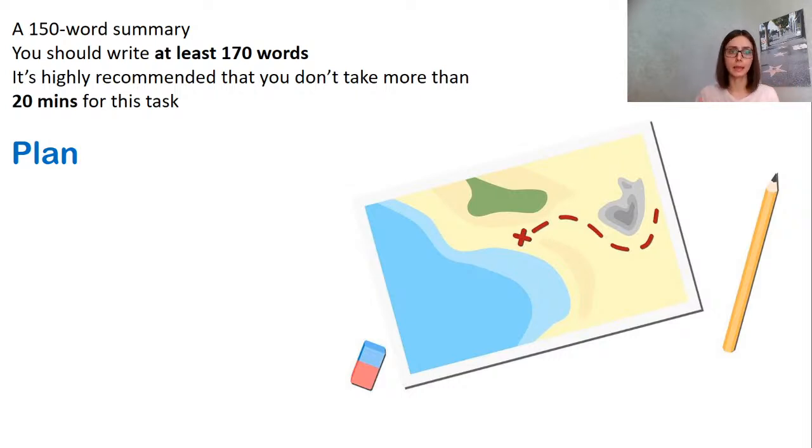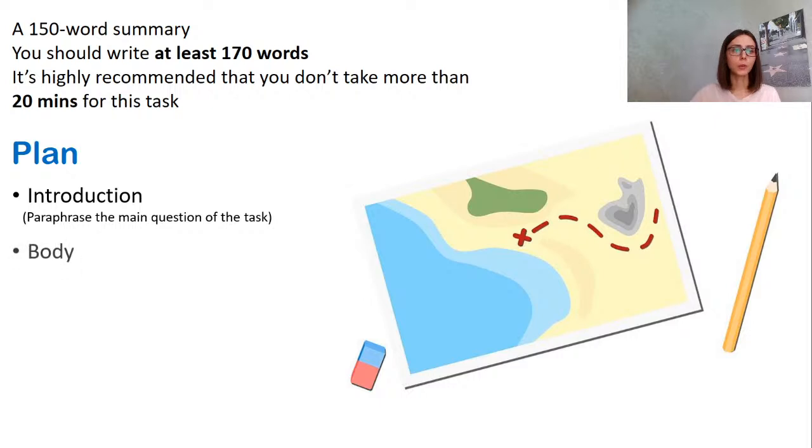So how does the plan look? As usual, we need an introduction, and in our introduction we do the same thing: we paraphrase the main question of the task. Next, we write the body, and in our body we describe all changes that happened in a logical way.